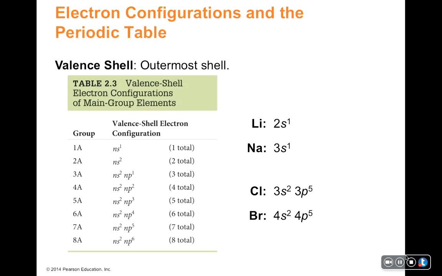Chlorine is in group 7A. It has 7 valence electrons, 3s2, 3p5. We look at bromine. Bromine also has 7 valence electrons. It's in group 7. So the main takeaway here is that those group numbers tell us the number of valence shell electrons that we have. And those valence electrons are the ones that are actually going to interact and form compounds and participate in reactions.